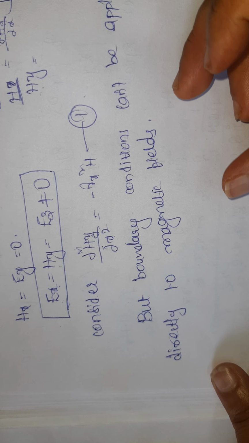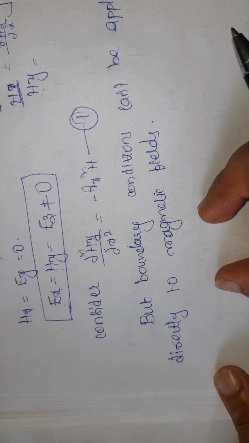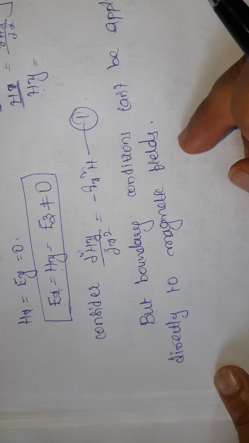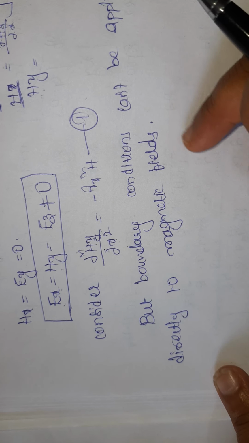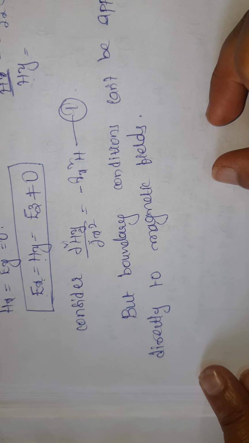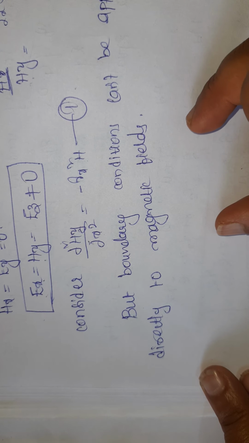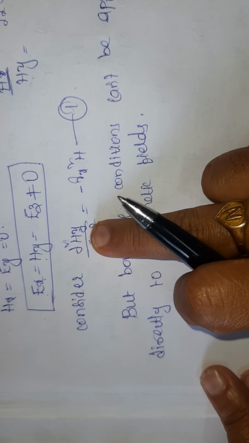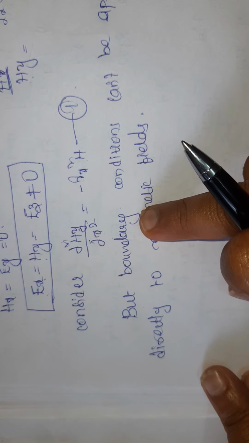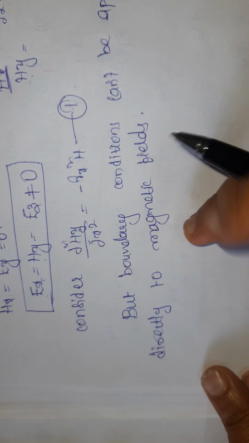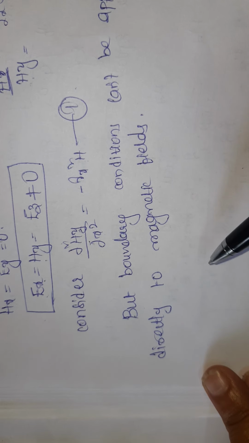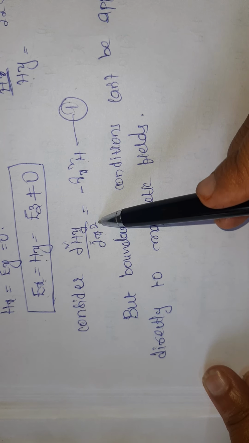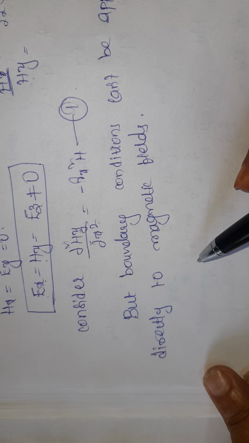If we observe the boundary conditions in the last session, the tangential electric field component is equal to 0 at the boundaries x equal to 0 and x equal to a. But here the term involves the magnetic field, so we can't directly apply the boundary conditions. So what we have to do is bring the electric field equation in terms of this magnetic field. Then we can apply the boundary condition.